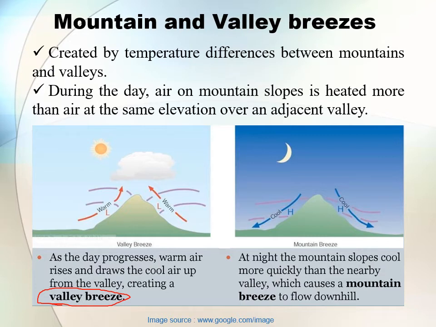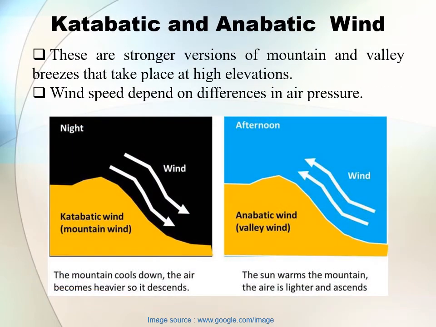Next is the catabatic and anabatic wind. These are the stronger versions of mountain breezes and valley breezes, and this is mostly found at higher elevations.